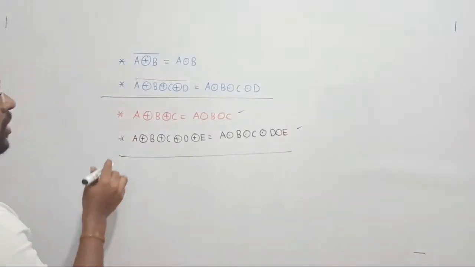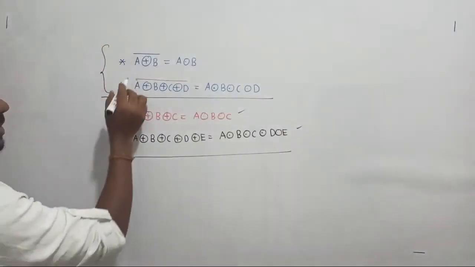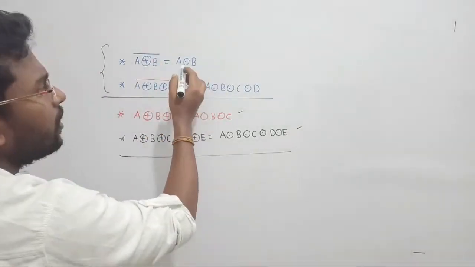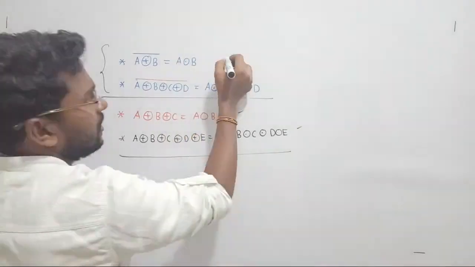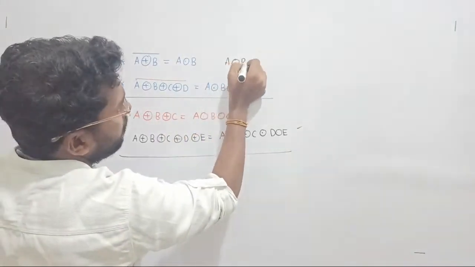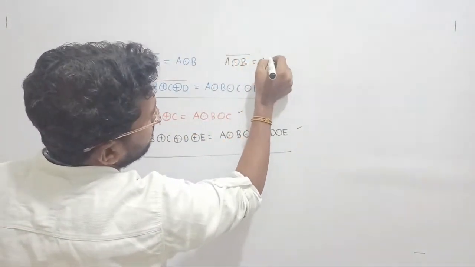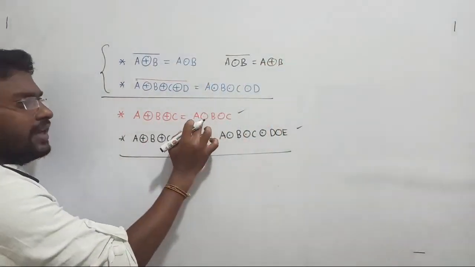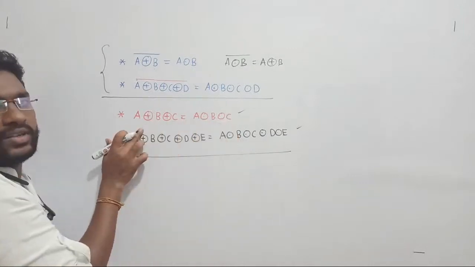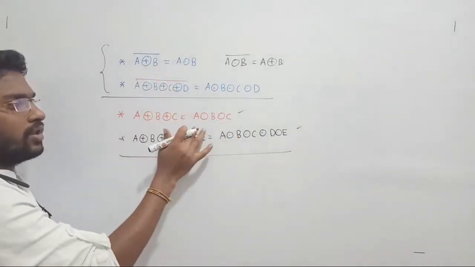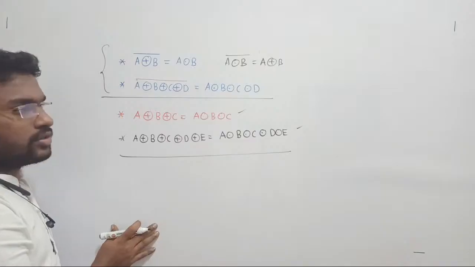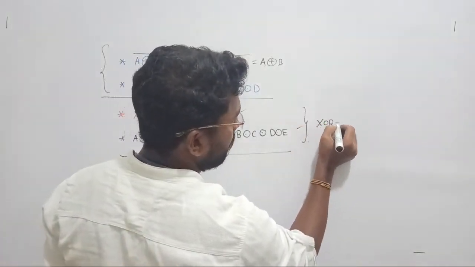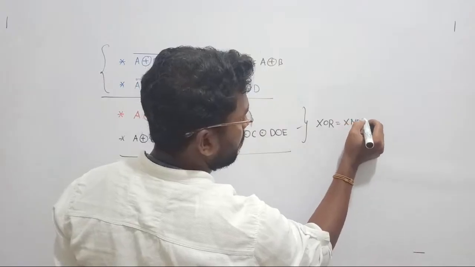So just remember, if you have an even number of inputs on an XOR gate, then if you complement it, that will give you the value of XNOR. They are vice versa. Similarly here, whether you consider XNOR or XOR, if there is an odd number of inputs, XOR and XNOR are the same gate, there is no difference between them, so XOR and XNOR will perform the same operation.